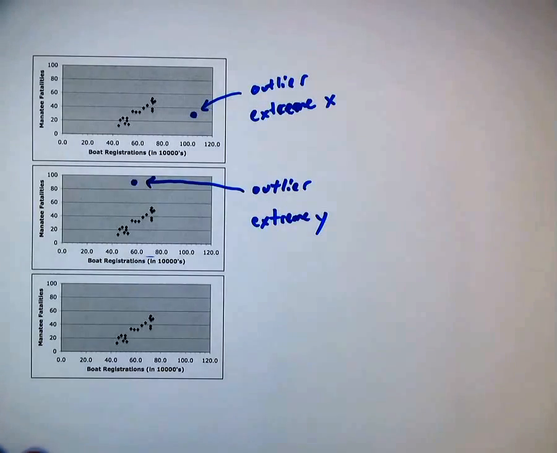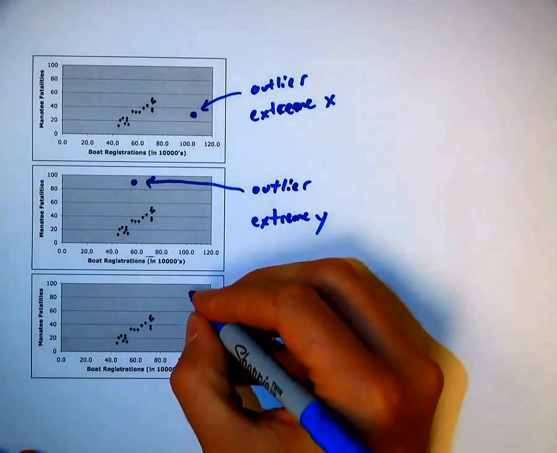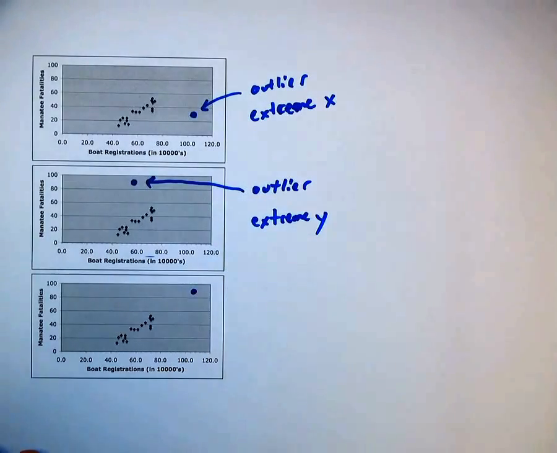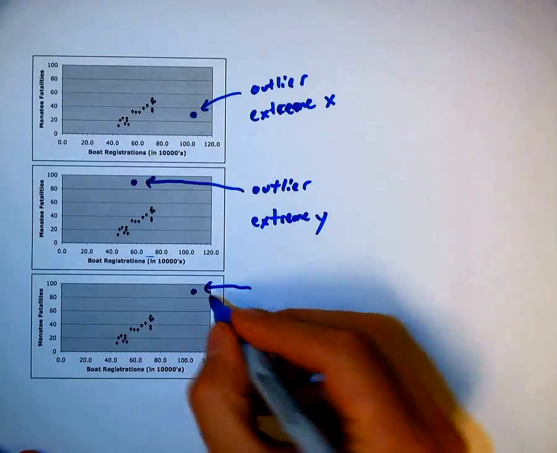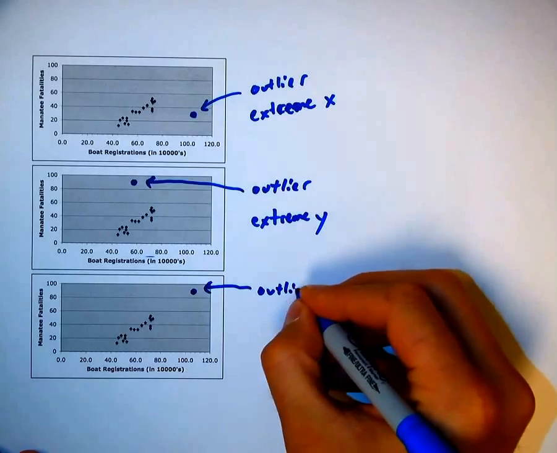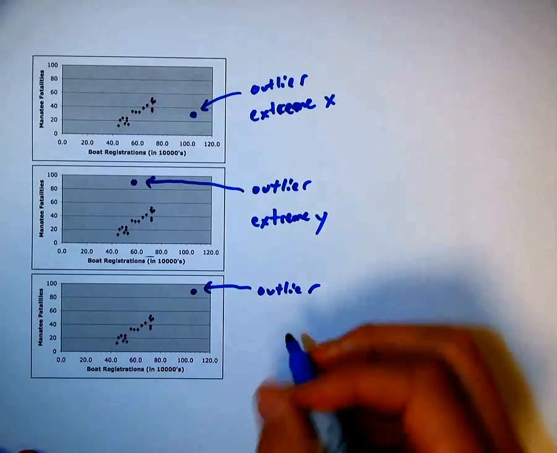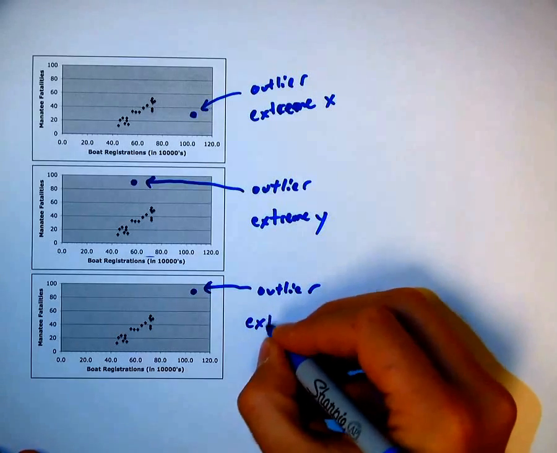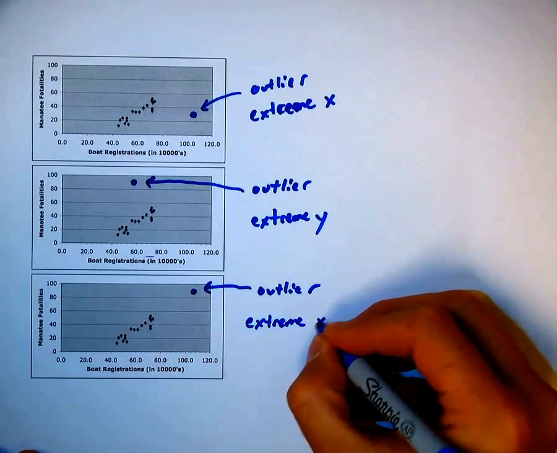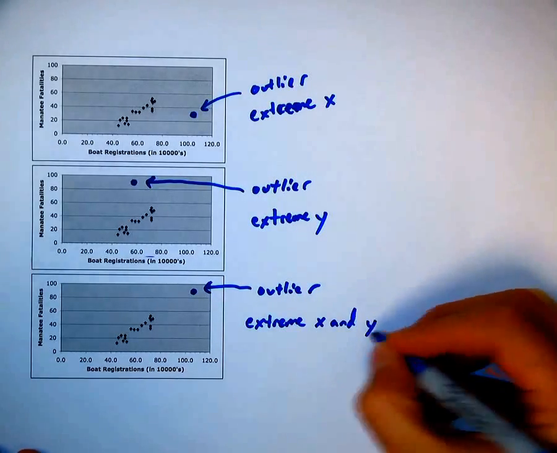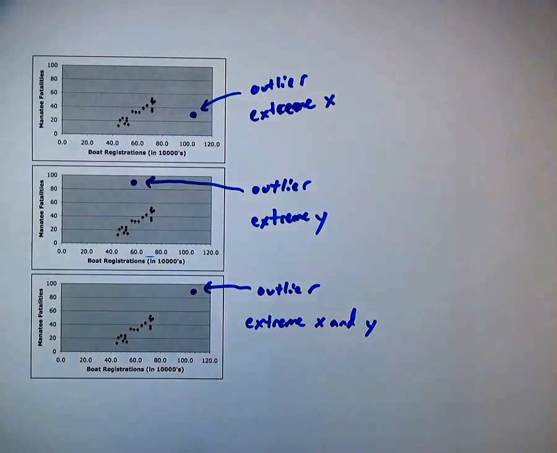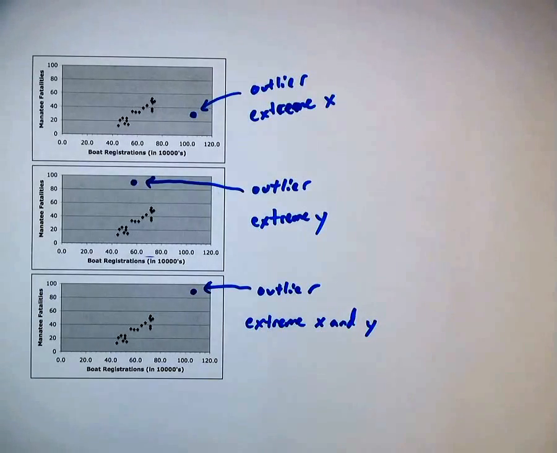Now if you're looking for one that has both an extreme x and an extreme y, that's going to be a point maybe up here. So again, this will also be an outlier. If there were a high number of manatee fatalities and a high number of boat registrations, this is an outlier because of extreme x and y.